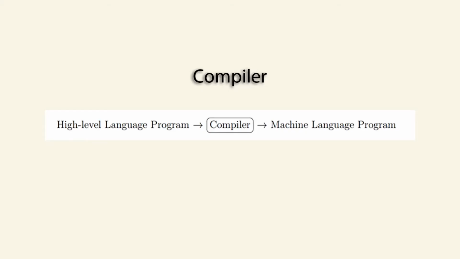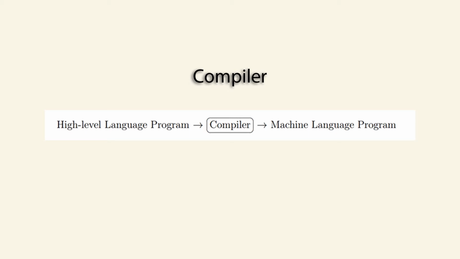Compiler. A compiler is a software that translates the code written in one language to some other language without changing the meaning of the program. The compiler is also said to make the target code efficient and optimized in terms of time and space.